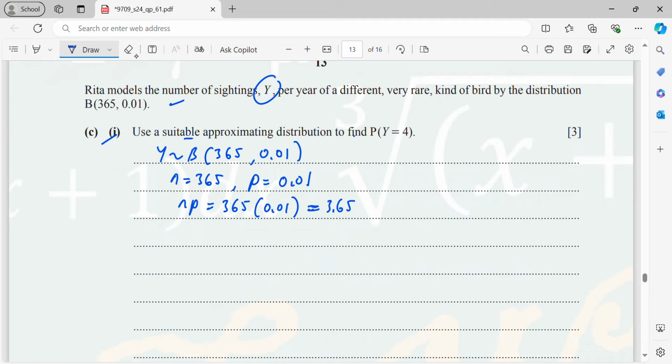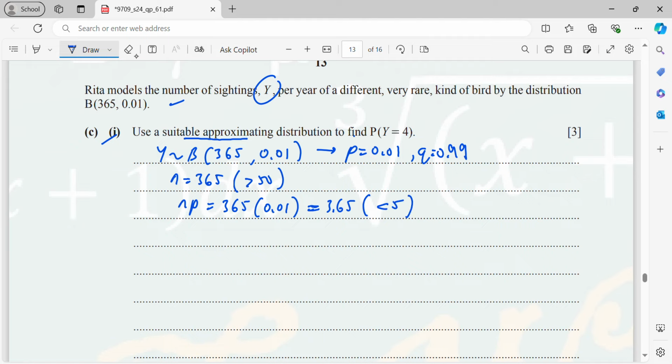Okay, and you are given a hint, suitable approximating distribution. So basically, n is greater than 50. From here, your p is 0.01, therefore your q is 0.99. Then now here, your np is less than 5.